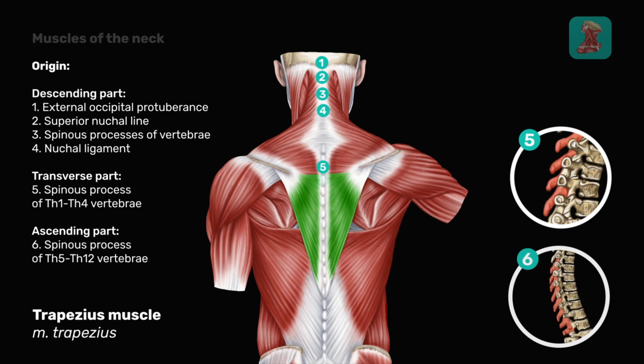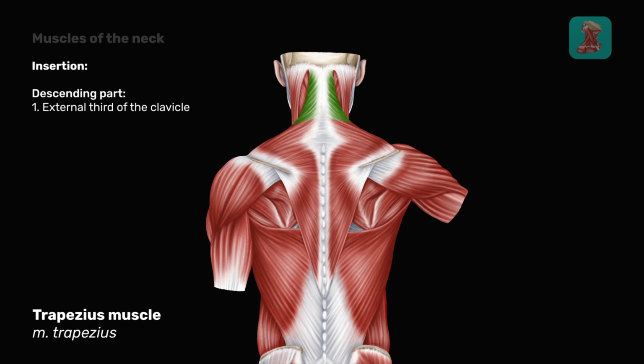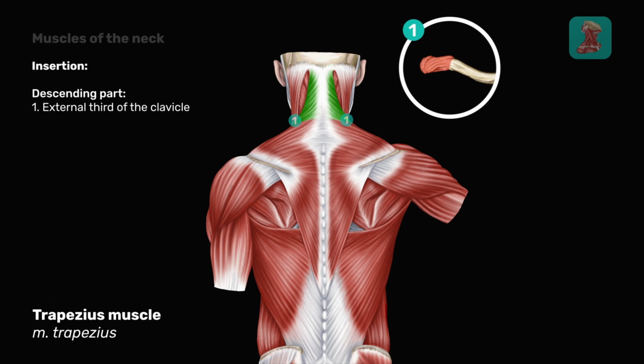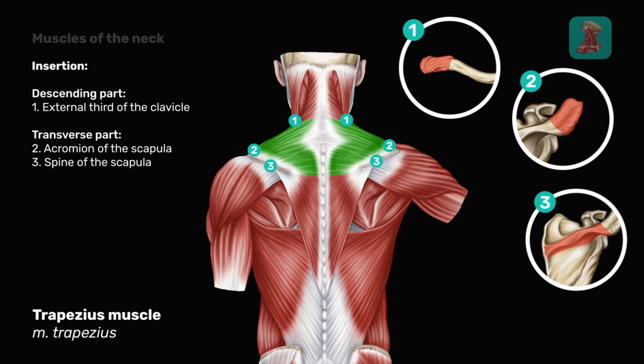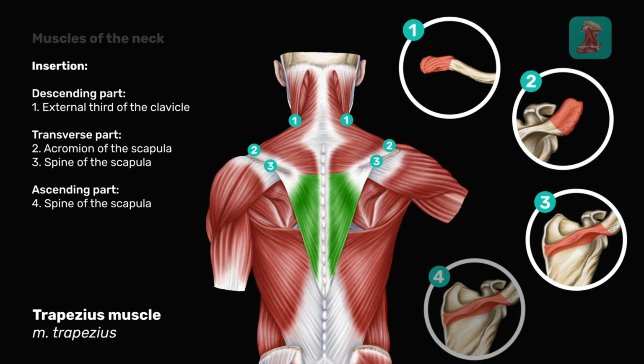The ascending part originates from the spinous processes of the 5th to 12th thoracic vertebrae. Insertion: the descending part inserts into the external third of the clavicle. The transverse part inserts into the acromion of the scapula and the spine of the scapula. The ascending part inserts into the spine of the scapula.